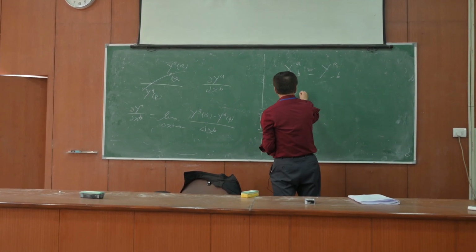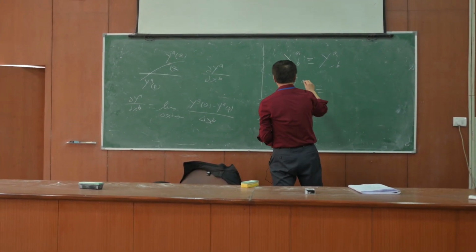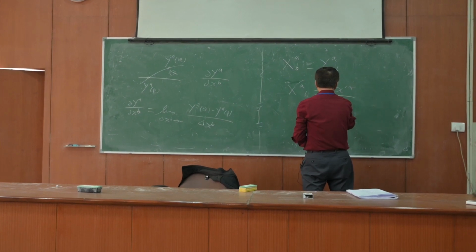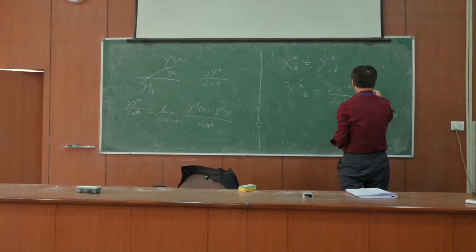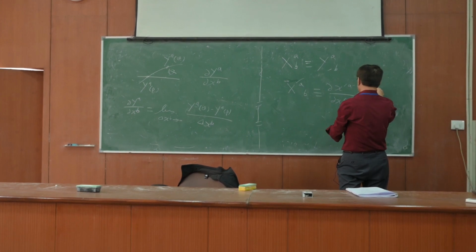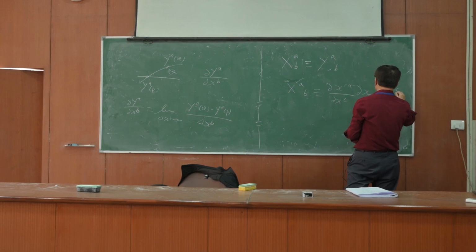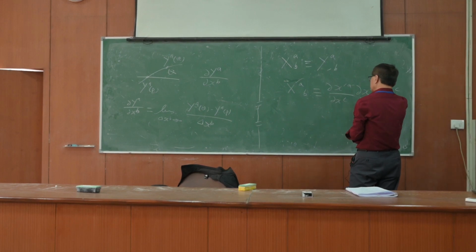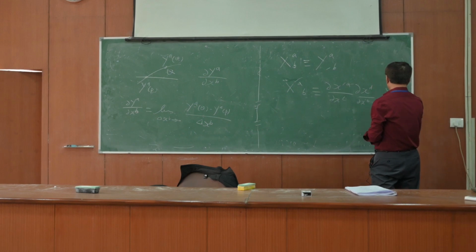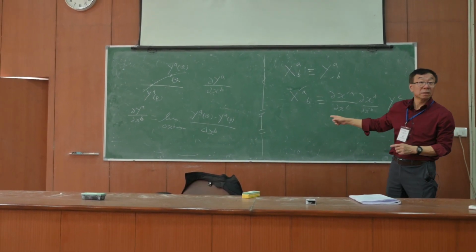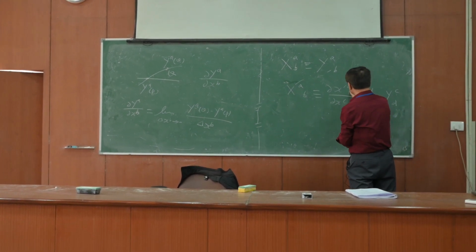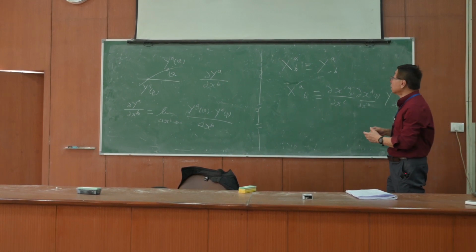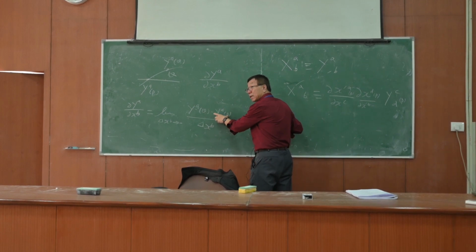Then my X'^a_b should transform as dx'^a/dx^c dx^d/dx'^b X^c_d. But here, this means the point P is P, and this is also P, so they are at the same point. According to the definition, they are actually at different points.